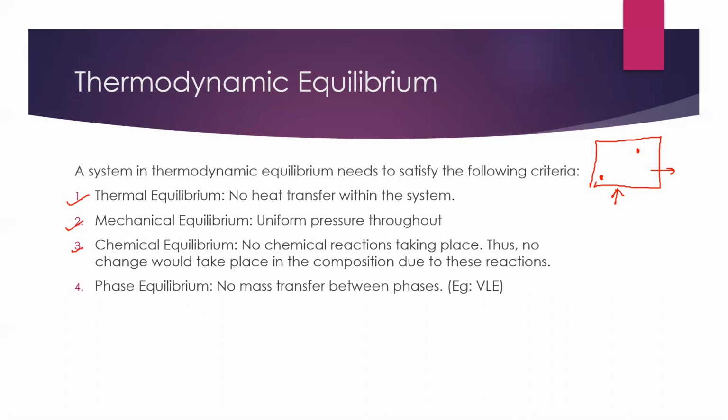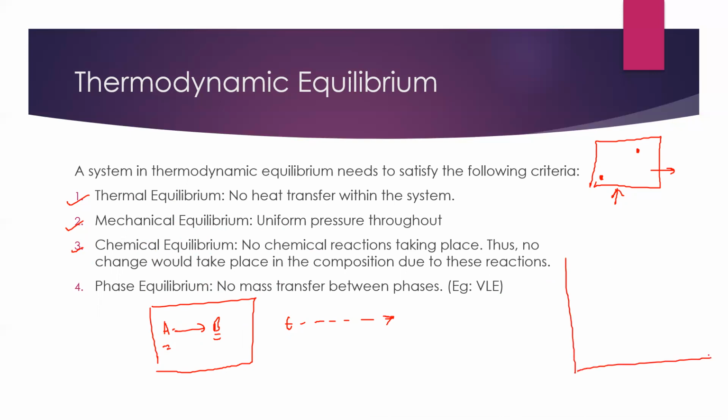Then the third is chemical equilibrium. So let's say you have a system where A forms B, right? This is the reaction that is taking place. Now, if this reaction is taking place inside a box, then as time passes by, the composition of A is going to change.